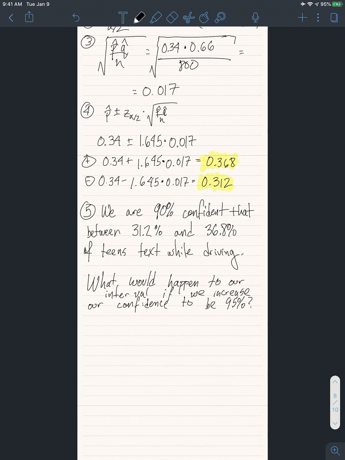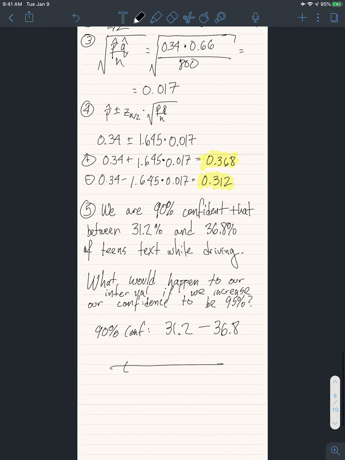So currently, our 90% confidence interval was between 31.2 through 36.8, right? And I'm going to draw that maybe on a number line, actually. Say 31.2 through 36.8.